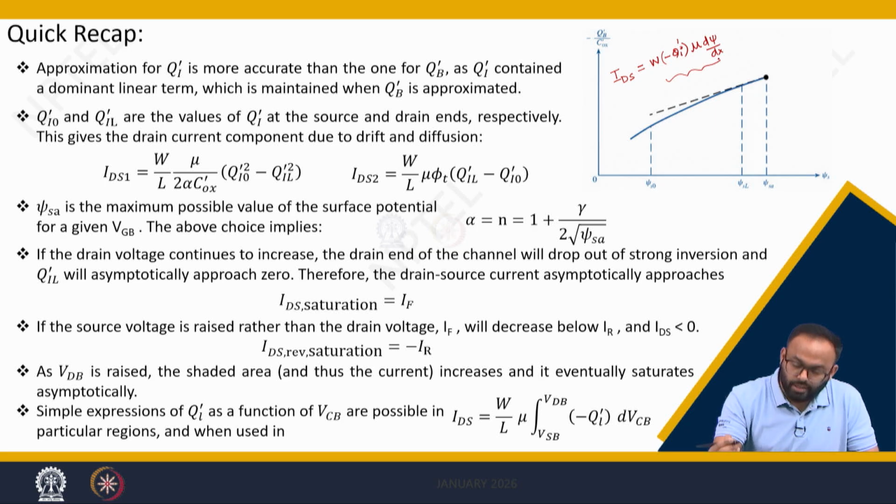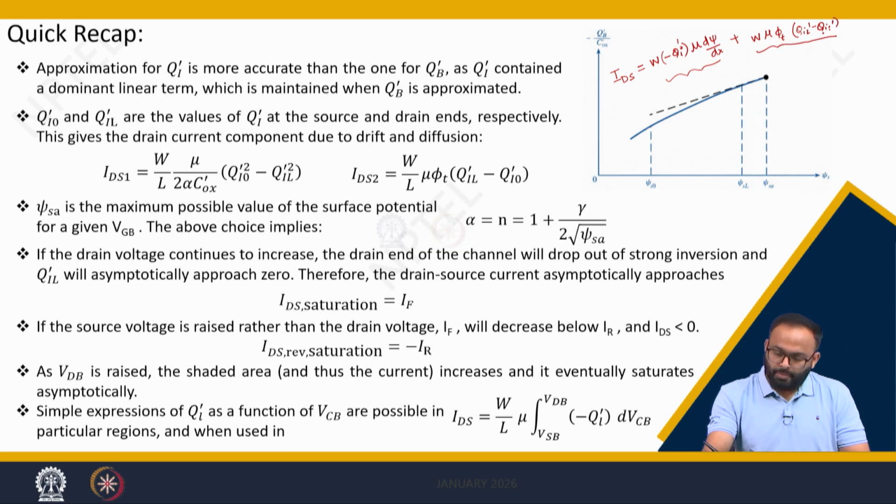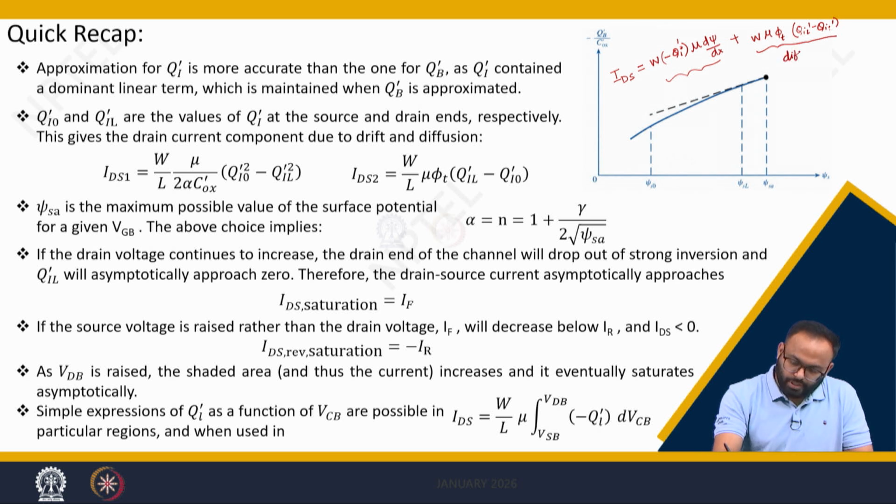That we called the drift component, and then we said W into mu into phi t into (q I L dash minus q I 0 dash). That is what we have already derived as a diffusion component.